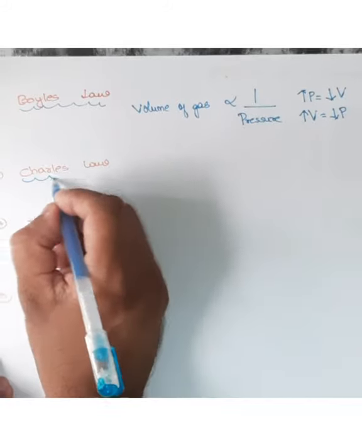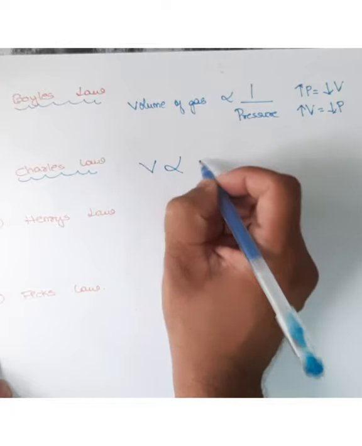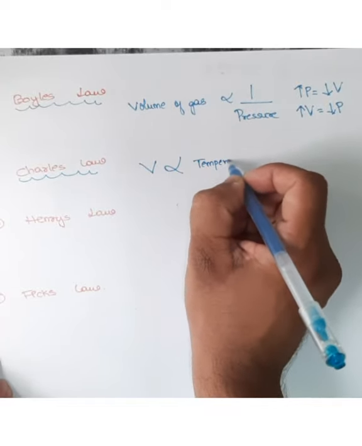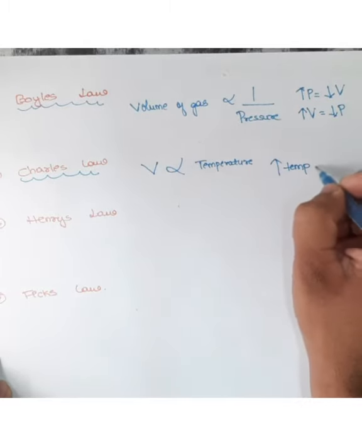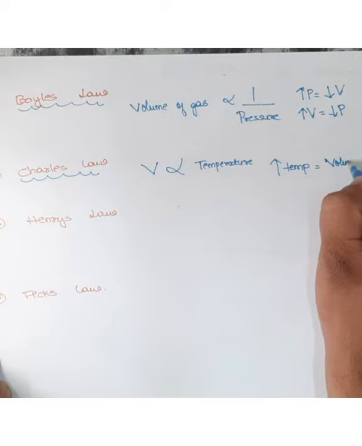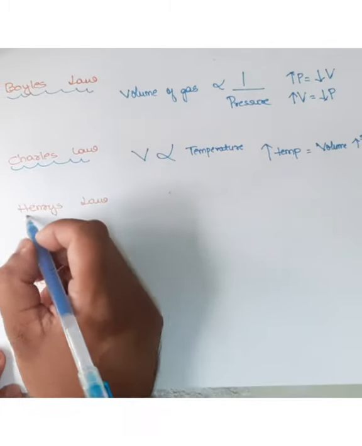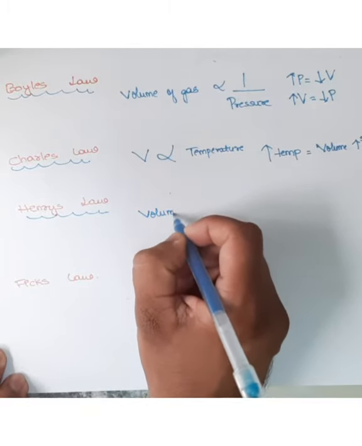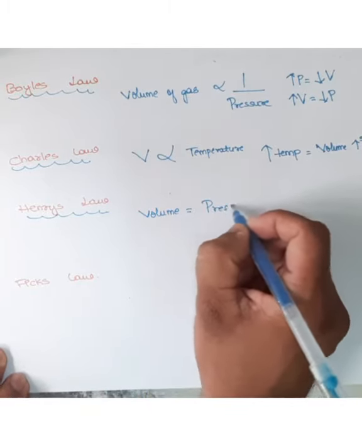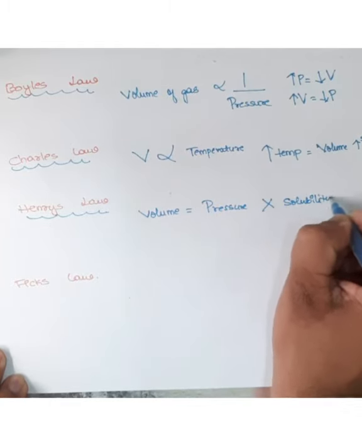The second law is Charles' law, which gives the relationship between the volume and the temperature. It states whenever the temperature increases, the volume also increases. So there is a direct correlation between these two. Third is Henry's law, which gives the relationship between the volume, the pressure and what is called the solubility coefficient.